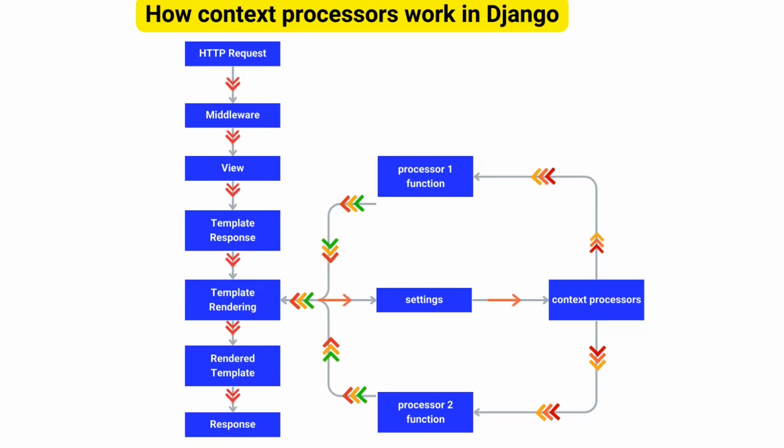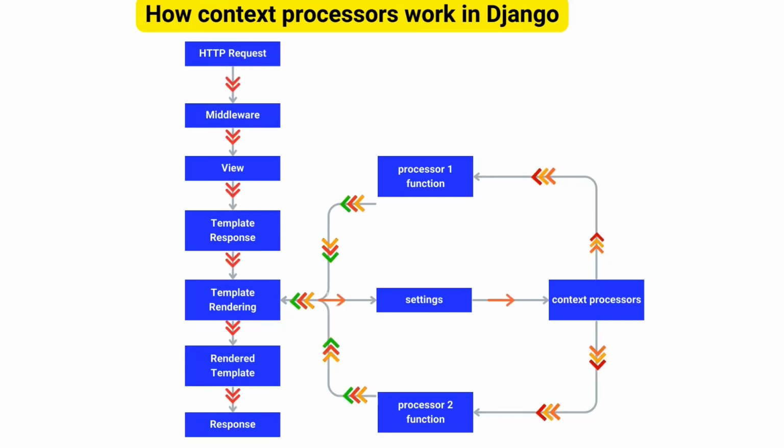Let's now understand how context processors work. When a request is made to the Django application, the framework goes through a series of middleware and a view function to process the request and generate a response. Once the view function has returned a template response object, Django begins to render the template that is associated with the view.